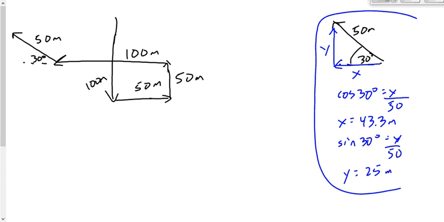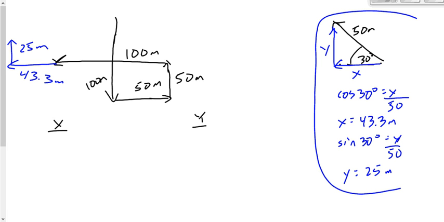Walk this off to the side, and now let's replace this with 43.3 and 25 upwards. Now we can deal with this pretty easily. Just give me some numbers here. For the first one, how much of it is x?